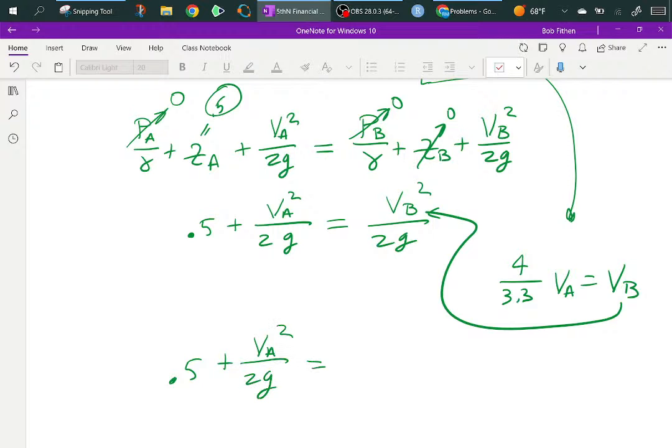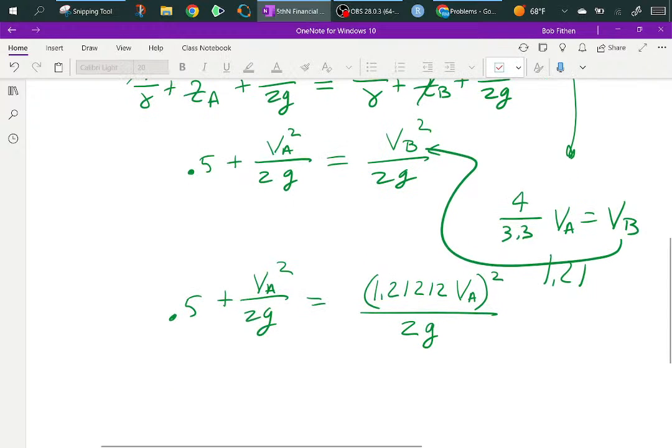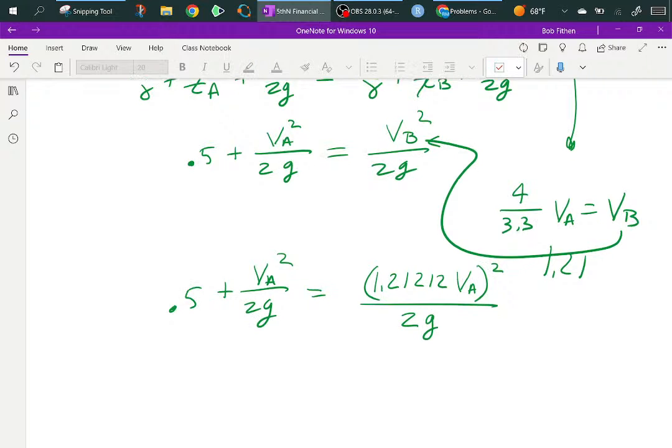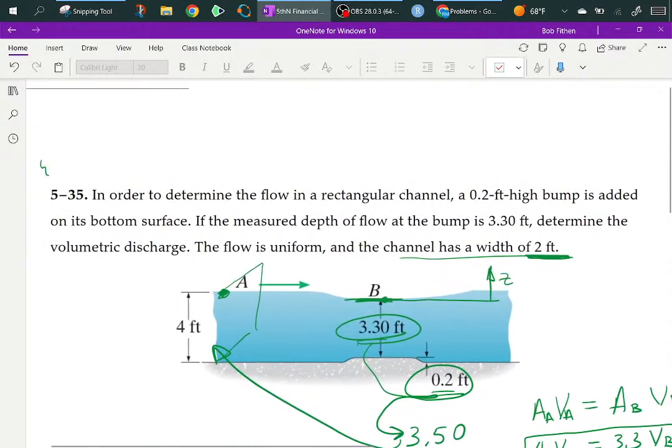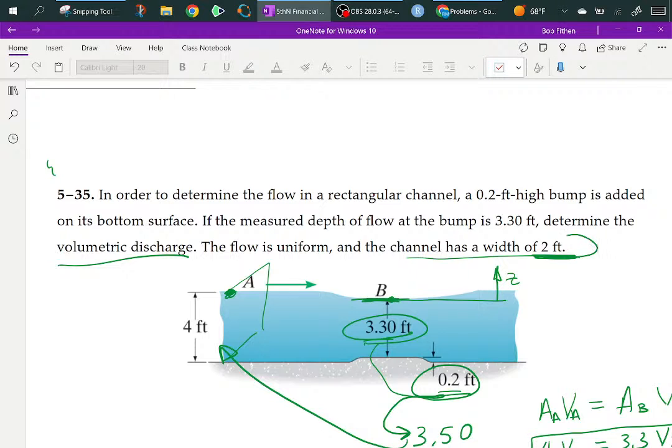Okay, that's 1.21. Oh, okay. So 1.212121 times VA, and all that gets squared, over 2G. So the end result I'm looking for is to find VA, because then he wants to know the volumetric discharge, which is why he gave you the 2 feet.